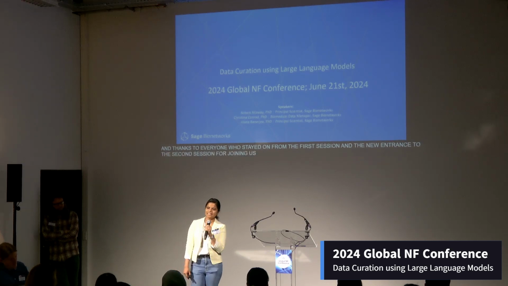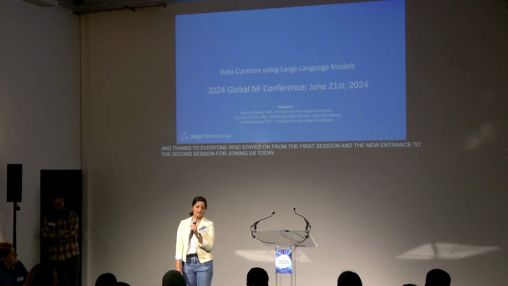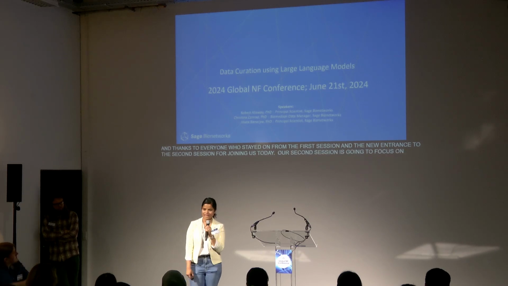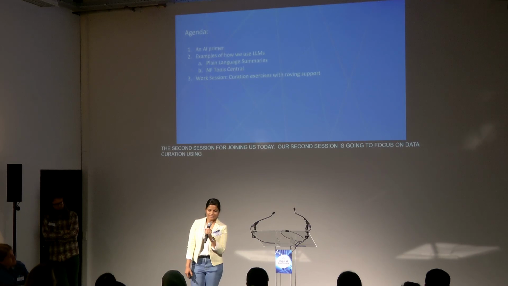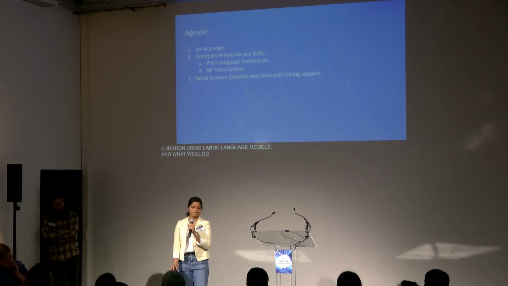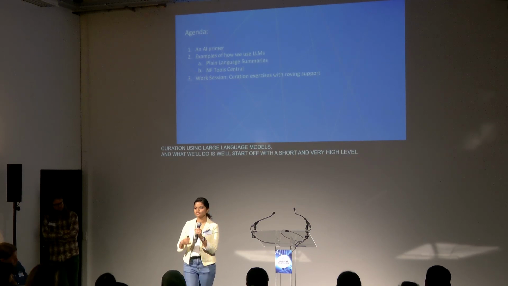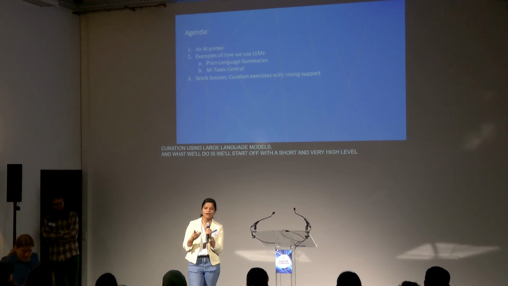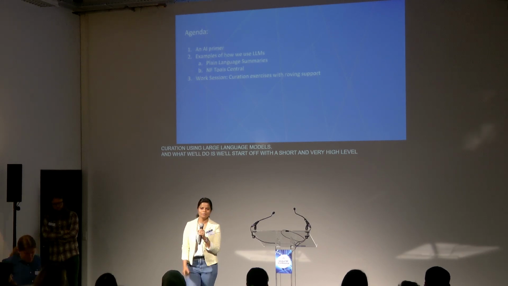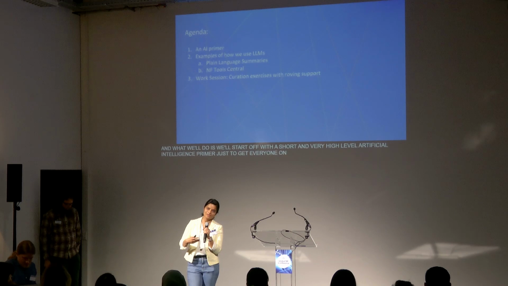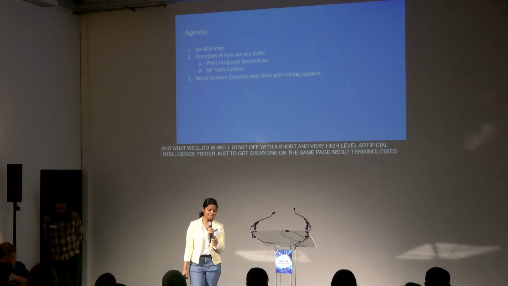Our second session is going to focus on data curation using large language models, and what we'll do is start off with a short and very high-level artificial intelligence primer, just to get everybody on the same page about terminologies that we'll use or the domain uses on a regular basis.